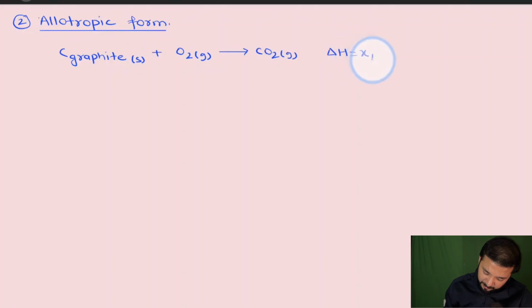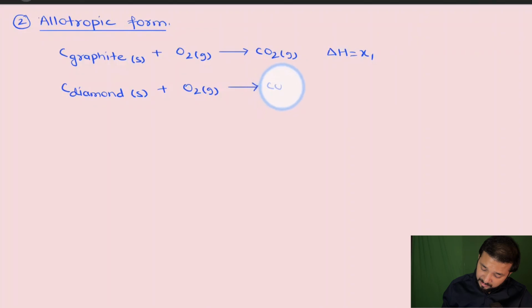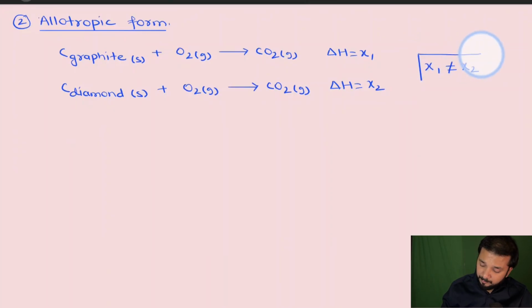And we have carbon diamond, this is also in solid state, plus O2 gas. This also is giving us CO2 gas. Delta H for this reaction is X2. Now again you should know this point that X1 will not be equal to X2. Both of them are combustion of carbon itself, but the allotropic form of carbon is different. That is why the heat which is exchanged in the reaction will also be different.